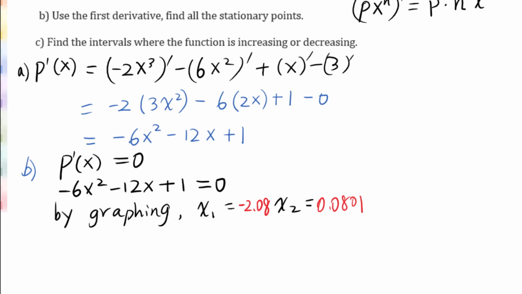For the stationary point, you need to substitute into p of x. So p of negative 2.08 equals, p of 0.0801 equals. Go to calculator.